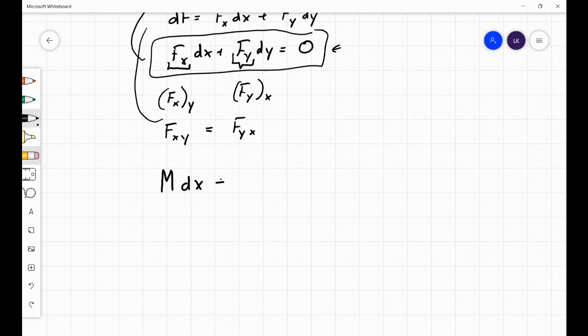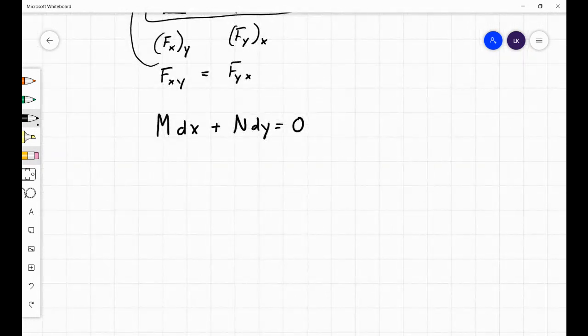So let's look at a generic first order differential equation like this, where m, I should make it explicit, is a function of x and y, and n is a function of x and y.